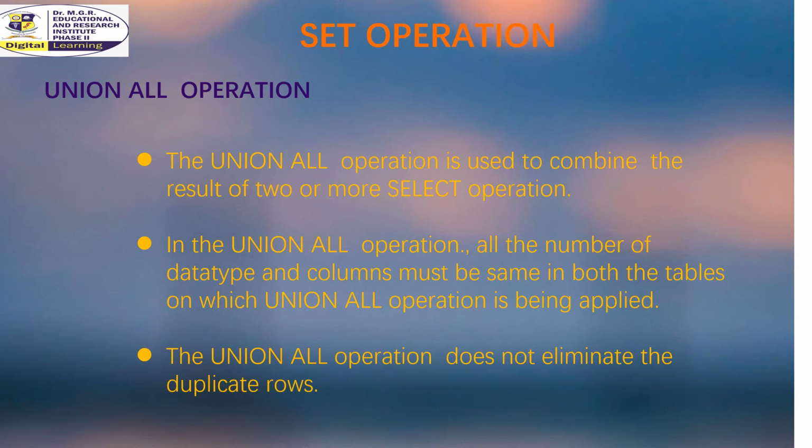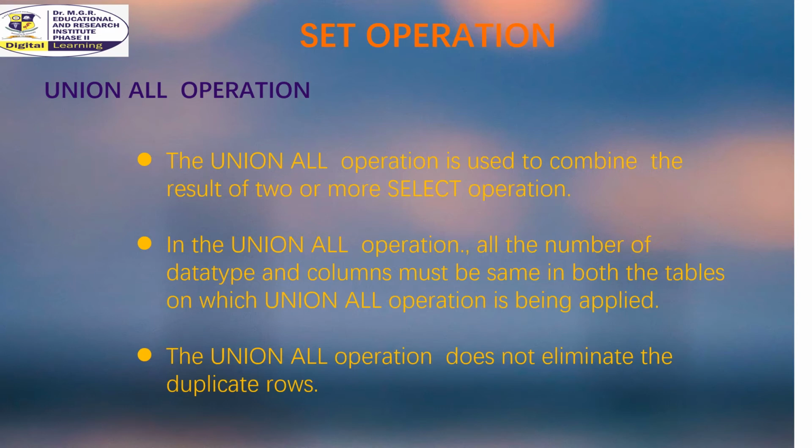The next one will be, in the union all operation, the data types and number of columns must be the same in both the tables on which union all operation is being applied. So whenever we want to use the union all operation, the tables to be combined must have the same data types as well as the same number of columns.